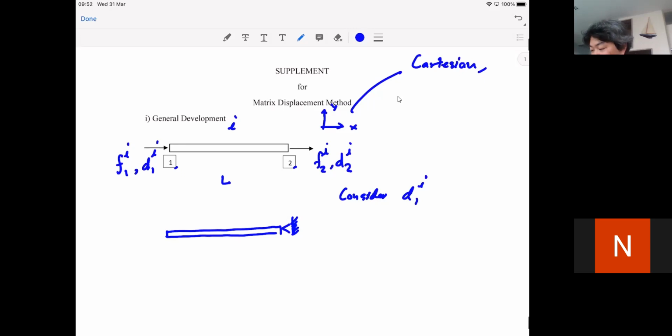And because I add the support at node number 2, that means D2 of member I is equal to 0, okay?